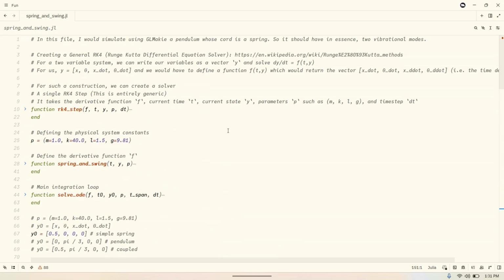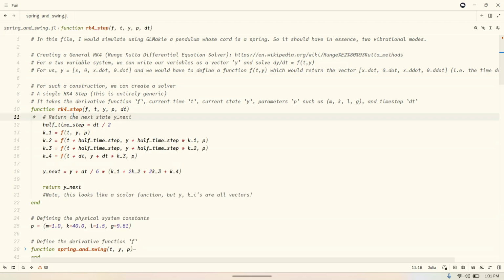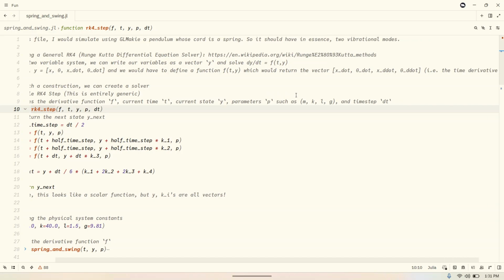Now, you want to solve these numerically, and what you can do is use Euler's method, which is kind of naive, but I like RK4, a numerical technique for solving differential equations. It's not super easy to understand, but it's also not super complicated.